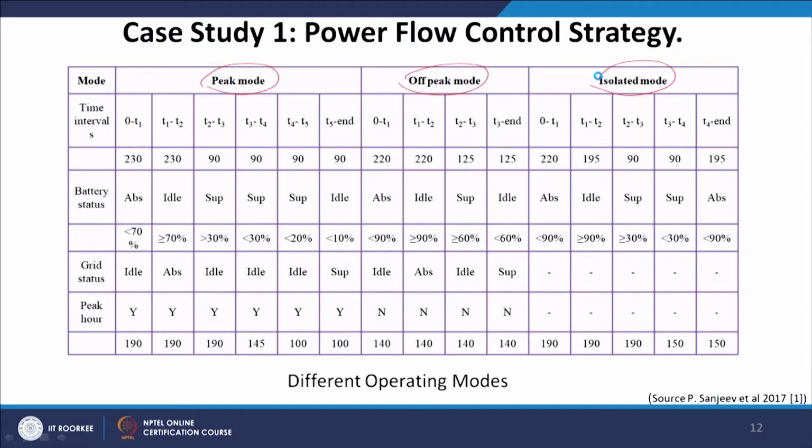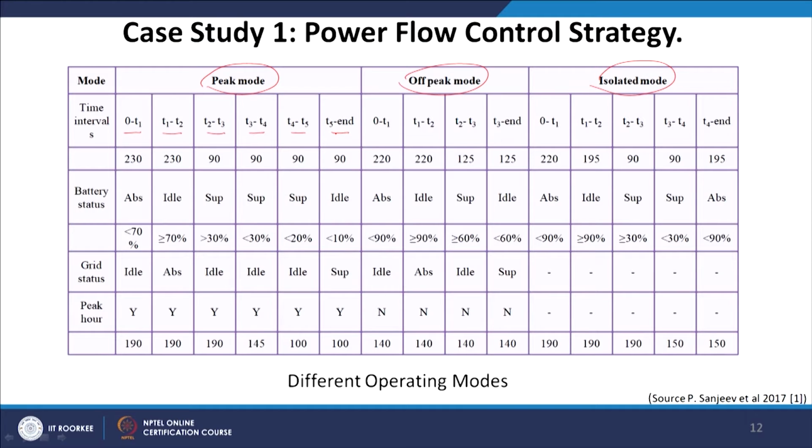Now, during this case study, I would like to explain what kind of time intervals have been considered and how the status of the devices has been identified. During the peak mode, we have considered different time periods: 0 to T1, T1 to T2, T2 to T3, T3 to T4, T4 to T5, and T5 to end.